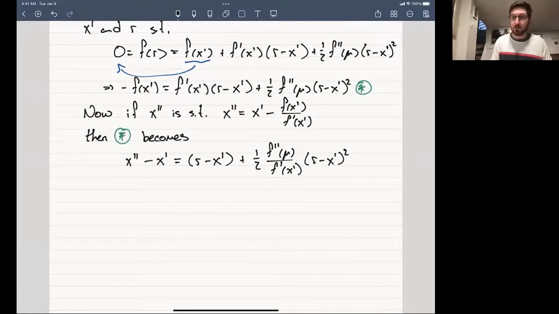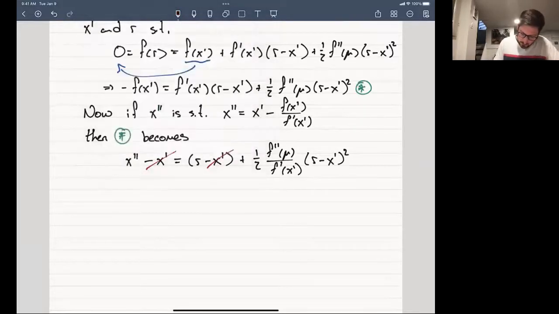So all I did is I divided off the f prime term. I got on the left-hand side negative f of x prime divided by f prime of x prime, and that, using the Newton step, is the same as x double prime minus x prime.